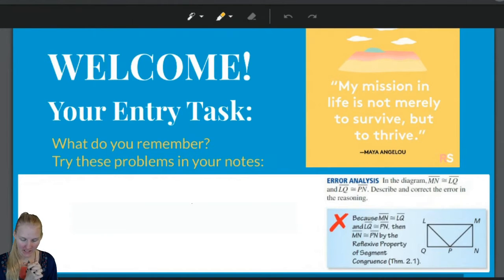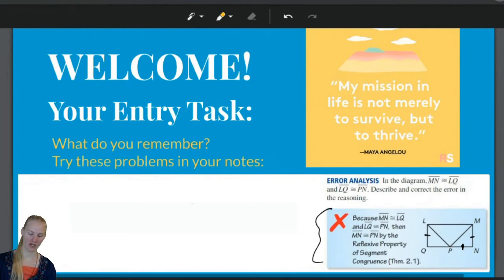Okay, it says, in the diagram, MN is congruent to LQ, and LQ is congruent to PN. Describe and correct the error in the reasoning.